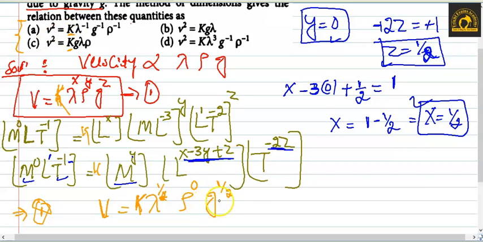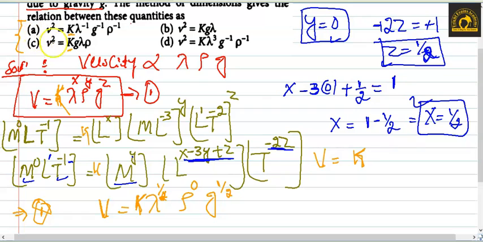Okay, so next, velocity is equal to K, wavelength to the power 1 by 2, and so on.